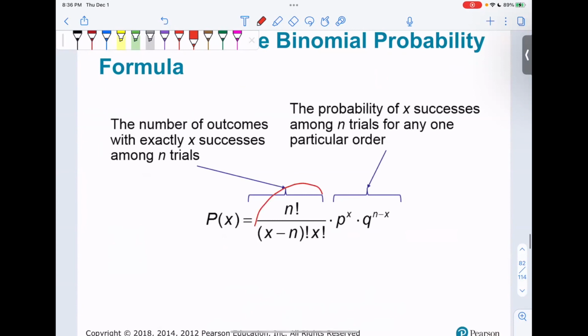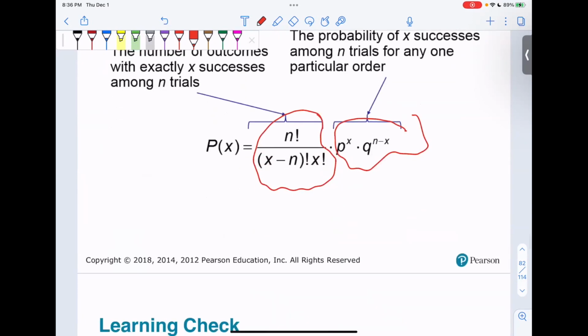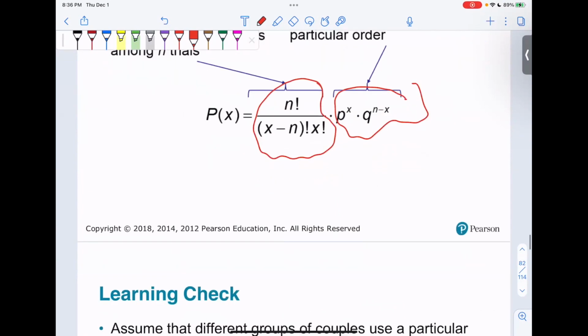This part is how we count the ways to have exactly X successes among n trials, and this is the probability of just one particular trial. So let's take this distribution: f(x) equals n factorial over (n minus x) factorial times x factorial, times p to the power x, q to the power n minus x.